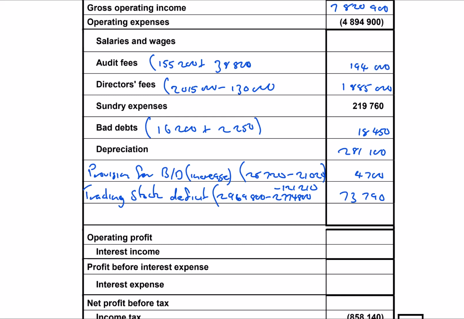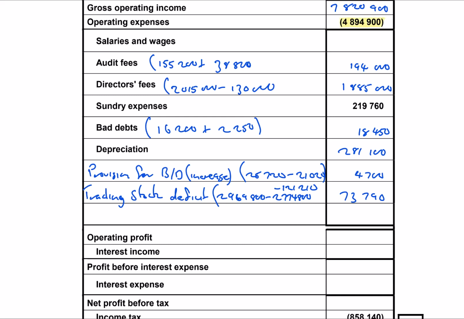Right, then our salaries and wages. So salaries and wages, basically we're going to say total operating expenses minus the expense that we calculated.